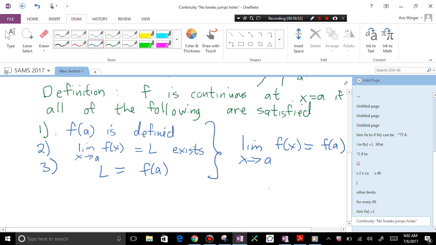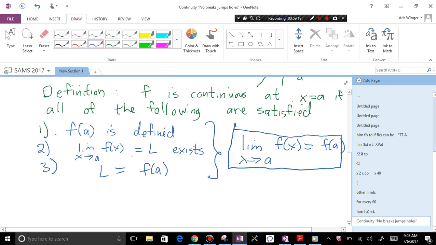So some people like writing that one statement to be continuity. I will take that. In practice, we're going to check these 3 things, and on the homework, you just simply check these 3 things. Now the homework is kind of funky. Someone wrote these problems and programmed it so that they give you a graph and they say which one of the following is violated.